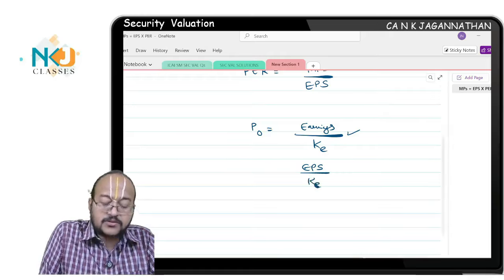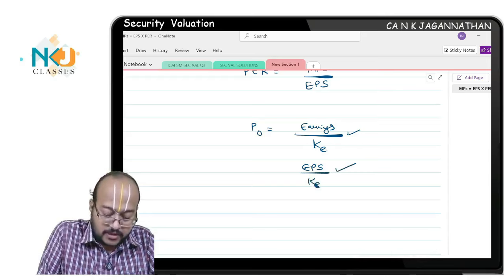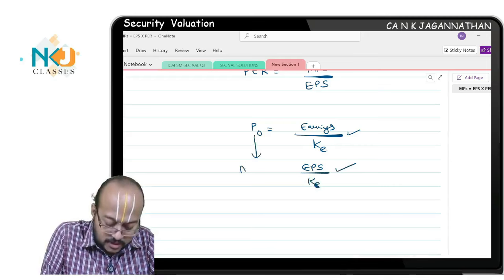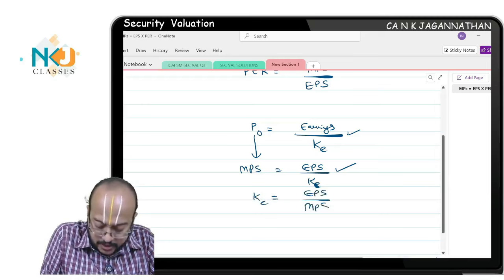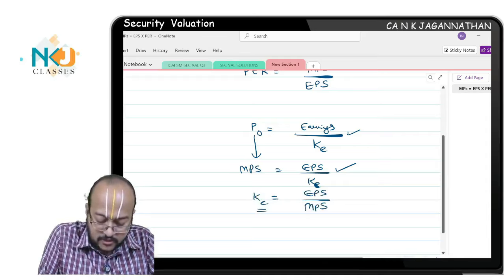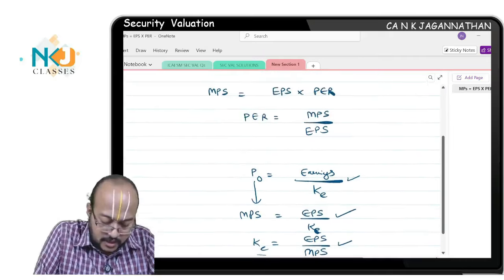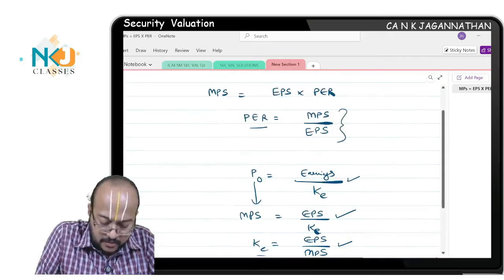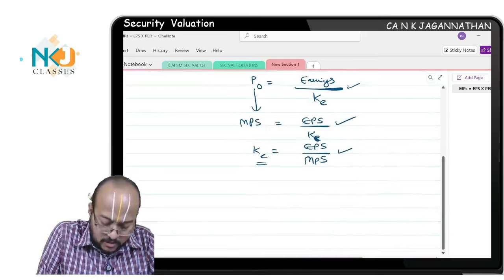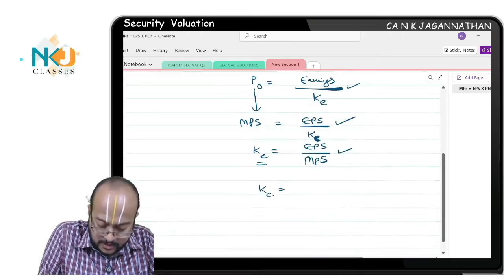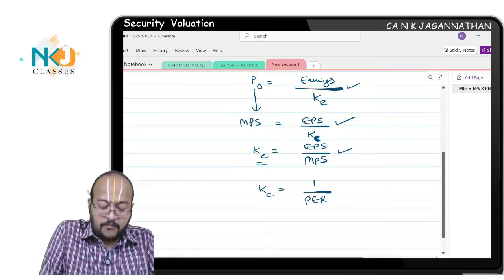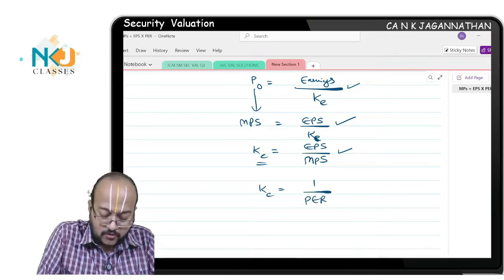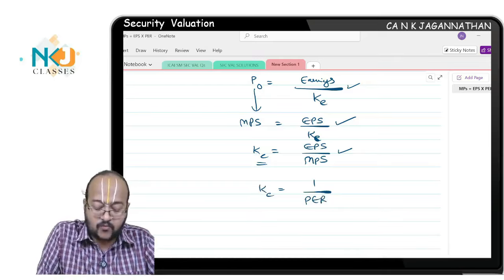This will be the value per share. P0 is nothing but MPS. Very simple, KE is nothing but EPS by MPS, and PE ratio is equal to MPS by EPS. Now, to put it simply, I can write KE is equal to 1 by PE ratio. MPS by EPS is nothing but PE ratio, which means EPS by MPS is nothing but 1 by PE ratio.